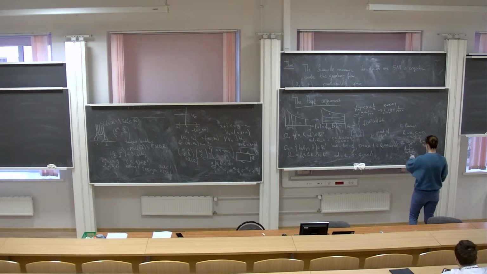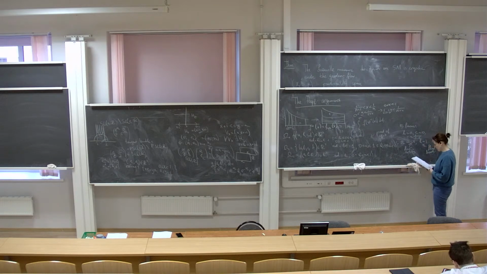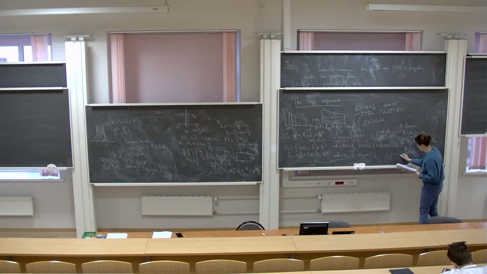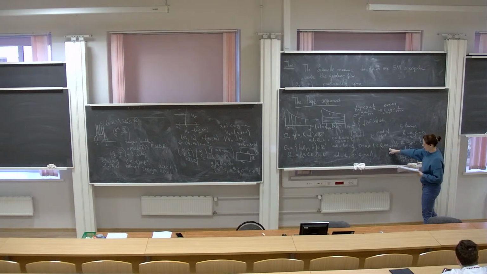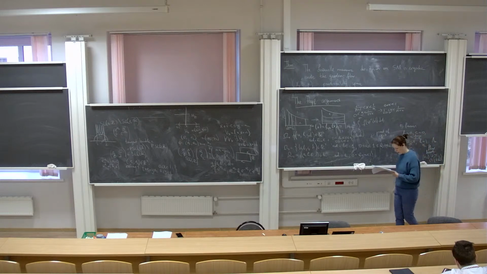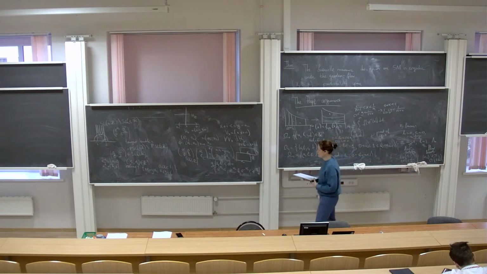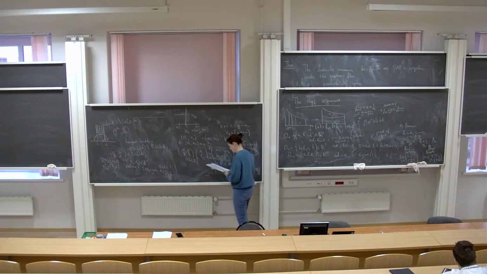So sigma 0, since A is constant, can be parameterized by B and C. B goes from 0 to 1, maybe 0 is included, and C goes from 0 to 1 over B plus 1. And in a similar way, here B is fixed, so we need only 2 parameters. A is greater than 1, C is between 0 and 1 over A plus 1. So in a similar way, you can parameterize this one as well. And now what we state formally is the following proposition.